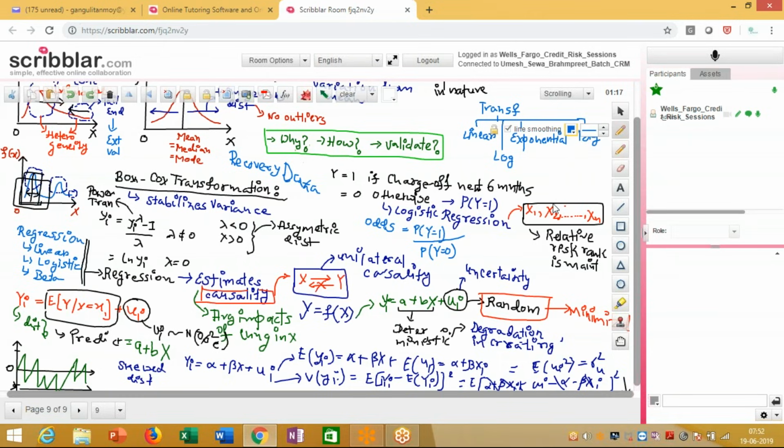So how does the beta distribution look? I'll just bring in the concept of beta distribution.